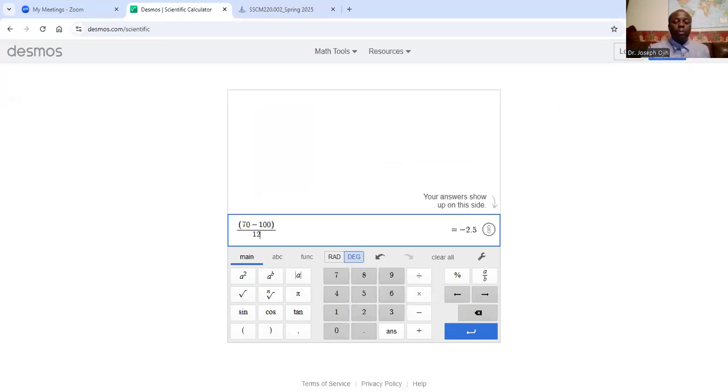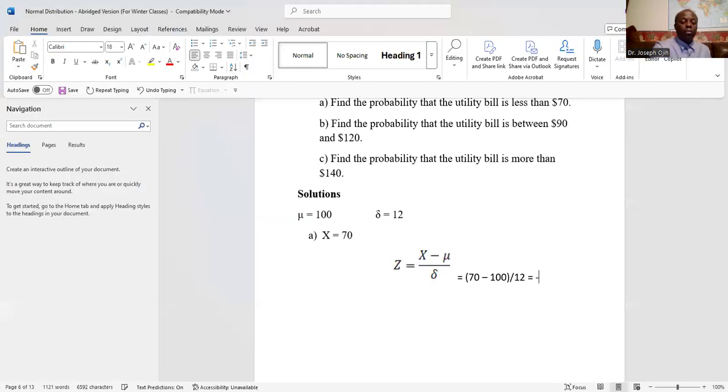So we put it in our answer there as negative 2.5.